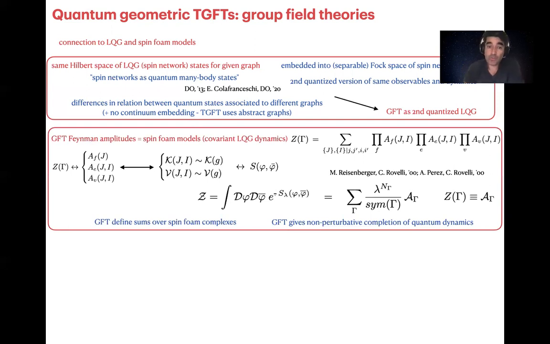There is a strict connection to spin-foam models as well, that can be seen also as covariant loop quantum gravity dynamics. And the statement is simply that for any spin-foam model amplitude Z, defined there for a given complex, there is an associated group field theory action that reproduces the same amplitude as a Feynman amplitude.